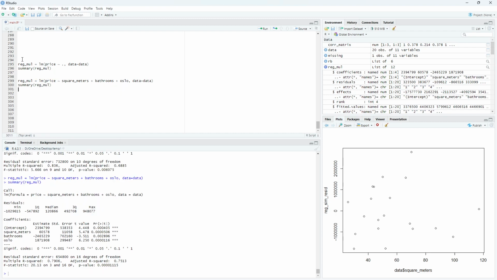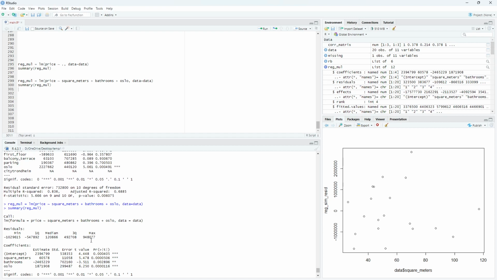And here we see that with this reduced model, we actually get a significant intercept, significant square meters, significant bathrooms, and a significant difference between Oslo and Trondheim.